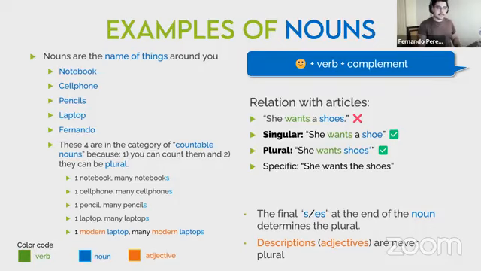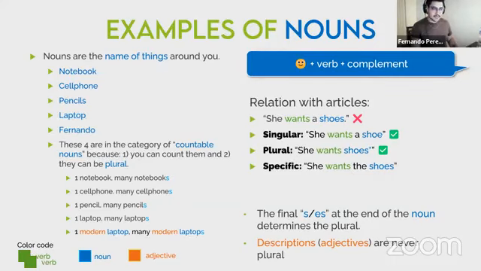That's going to be super important information. When you speak about nouns, it's super important to understand the difference between these three applications. She wants a shoe, she wants shoes, and she wants the shoes. We are going to talk about the meaning of these expressions.